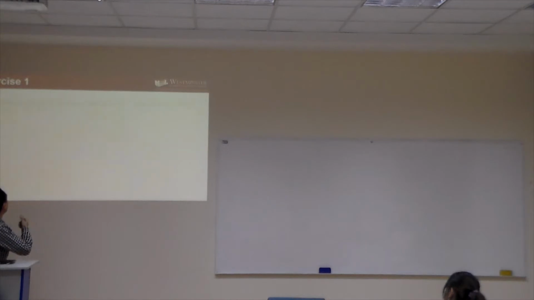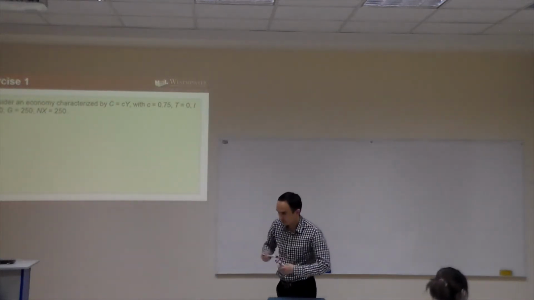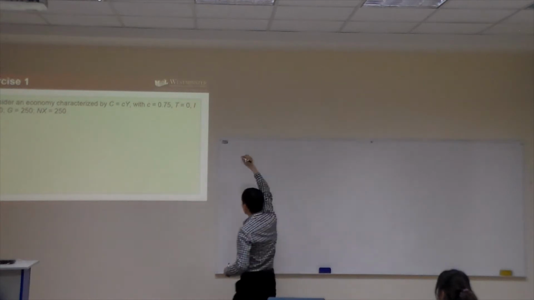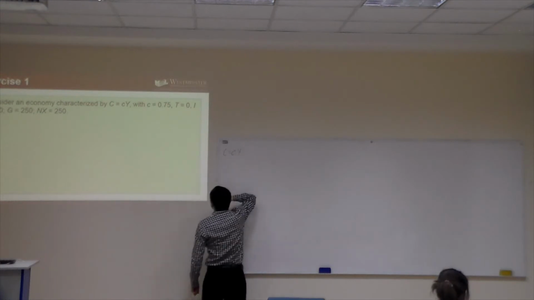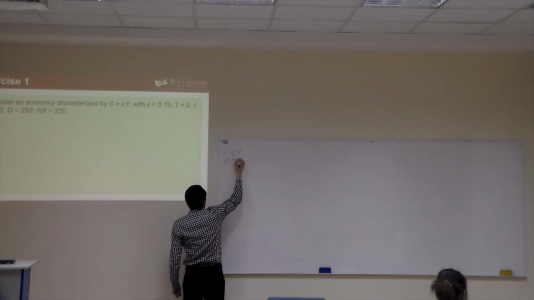So now exercise 1. We are given an economy characterized by the following factors. Consumption equals marginal propensity to consume times Y, where the marginal propensity to consume is 75%.